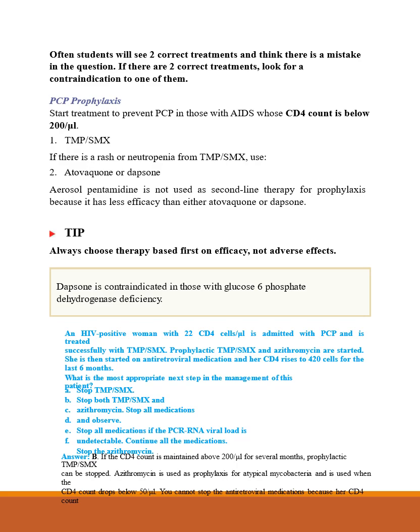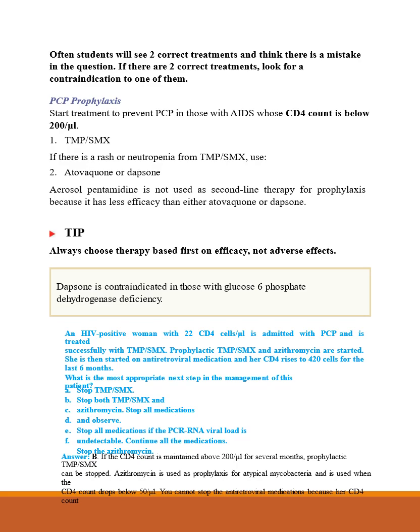Let's talk about PCP prophylaxis. We need to start prophylaxis to prevent PCP in a patient with AIDS whose CD4 count is below 200, with number 1, trimethoprim-sulfamethoxazole. If there is a rash or neutropenia from trimethoprim-sulfamethoxazole, you use number 2, atovaquone or dapsone.